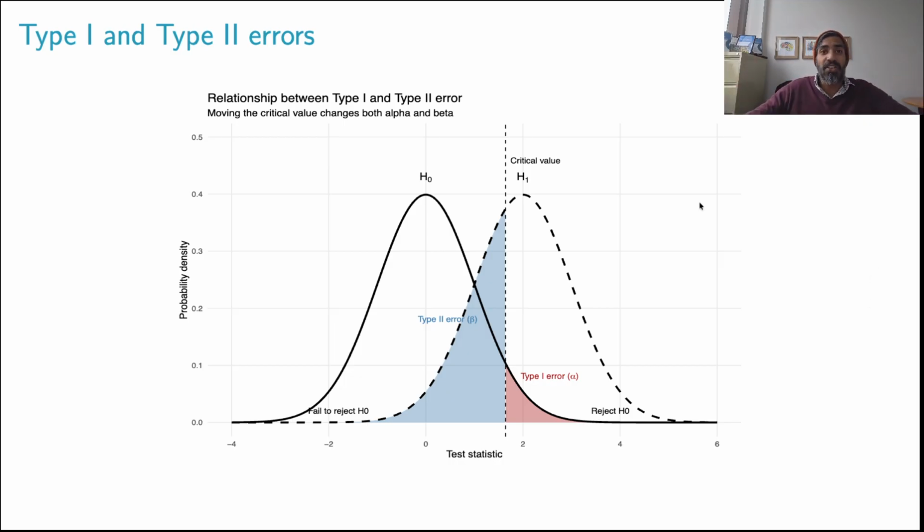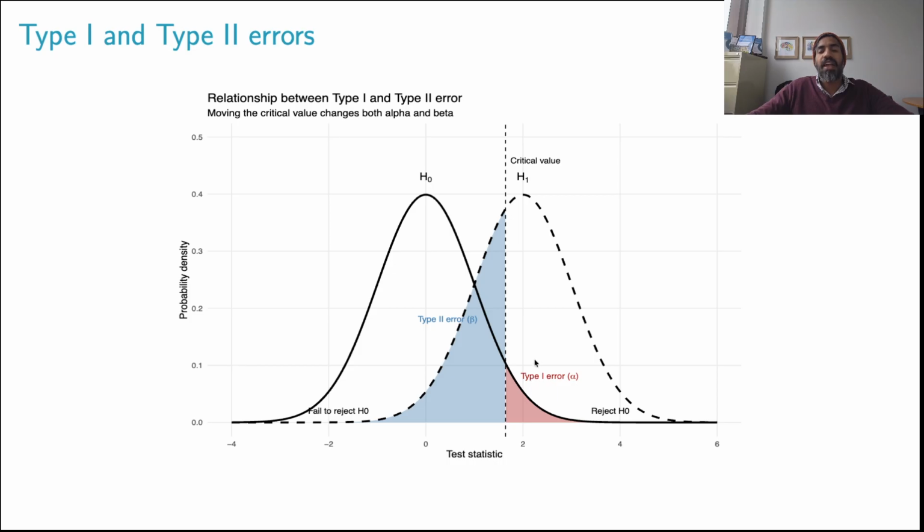So this is the distribution under which the null hypothesis is true, and here's the distribution under which the alternative hypothesis is true. So this is the relationship between type 1 and type 2 error. Moving the alpha level, you can see, will change this beta level. Let me explain. Under the null hypothesis being true, if we reject it because our test statistic is here, we've created a type 1 error.